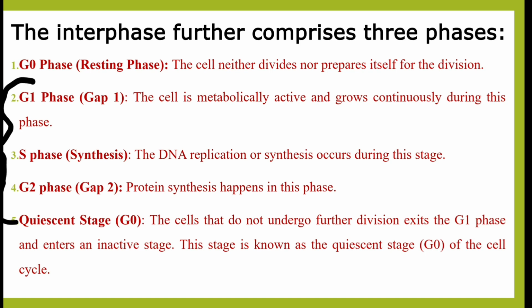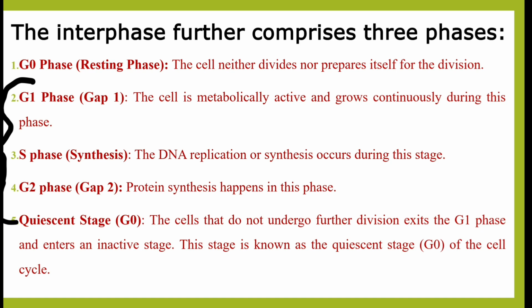Then what is G0 or the quiescent stage? At a specific point of G1 or growth 1 or gap 1 phase, a cell decides whether to start a new cycle or to withdraw from the cycle. This point is called the G1 checkpoint.